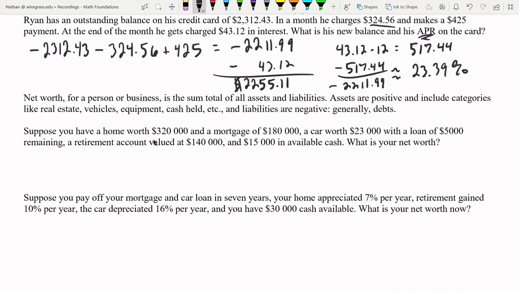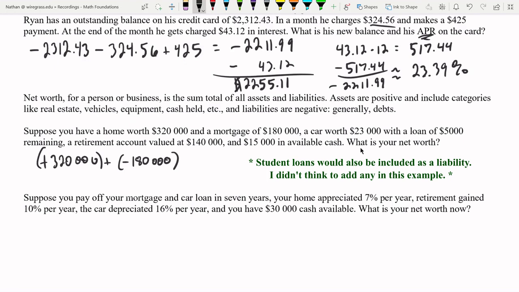Okay, so we have a home that's worth $320,000. This is going to be a plus. And a mortgage, this is a loan, this is what's owed, of $180,000. So we're going to add a minus $180,000. We could do it like this. A car that's worth $23,000.